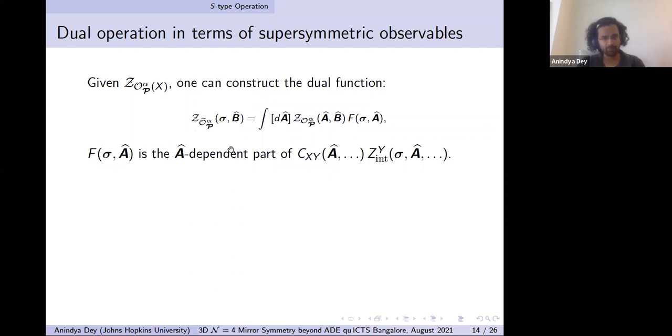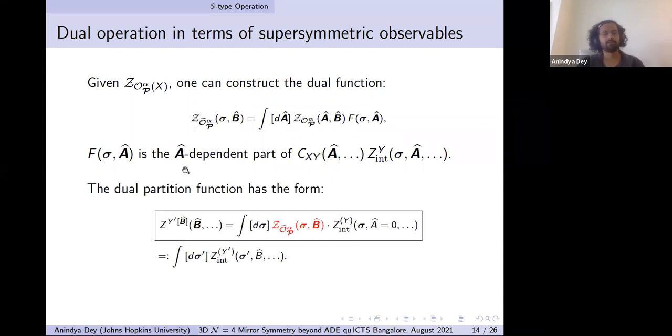So once you construct this dual function, then there's a very simple way of writing down the dual partition function, which is by introducing this dual function inside the matrix integral. Now, note that this is an expression for the dual partition function. So this will be our working definition for the dual action, or dual map O tilde, that we defined.